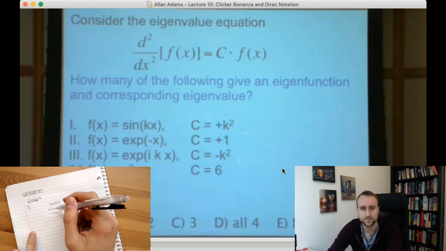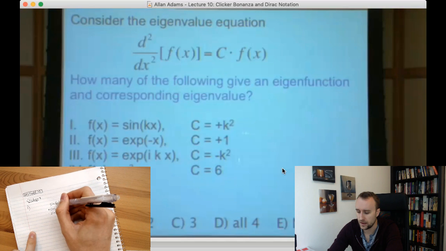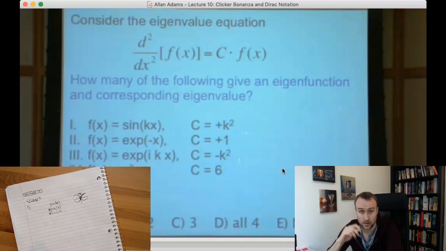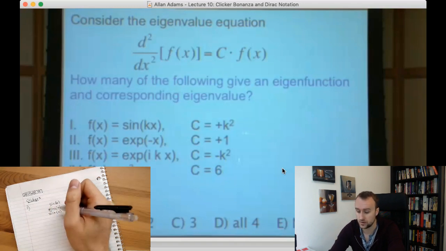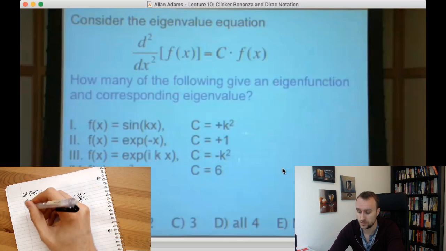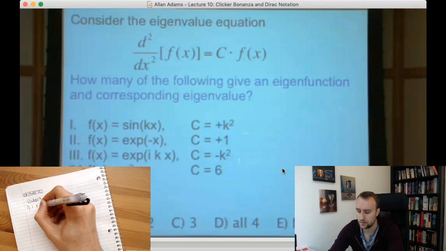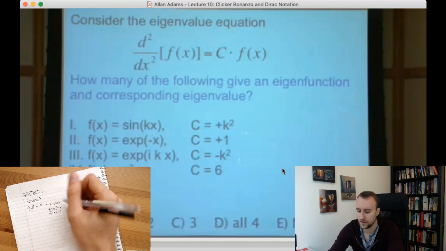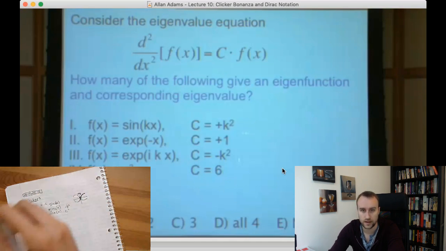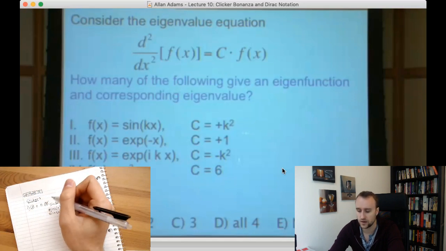So if we do the derivative of sine kx twice, we're going to get out the k each time. So it is going to be squared, but it's going to be negative k squared. So 1 is also an eigenfunction. We know that this is the eigenvalue, negative k squared, and that is an eigenfunction.